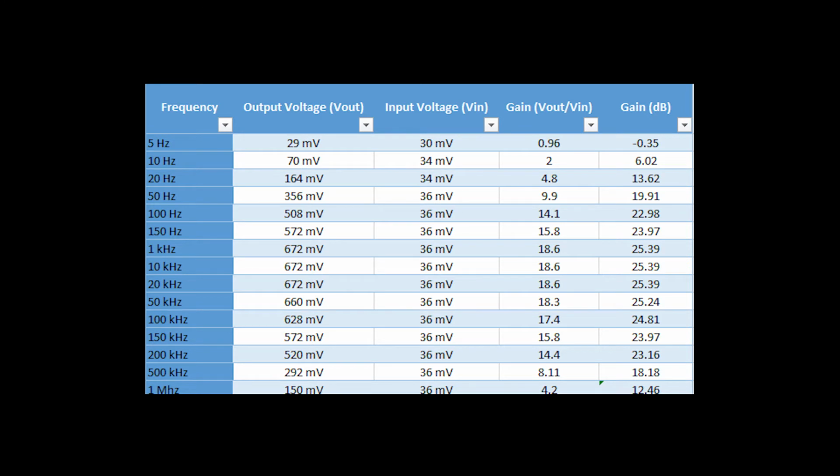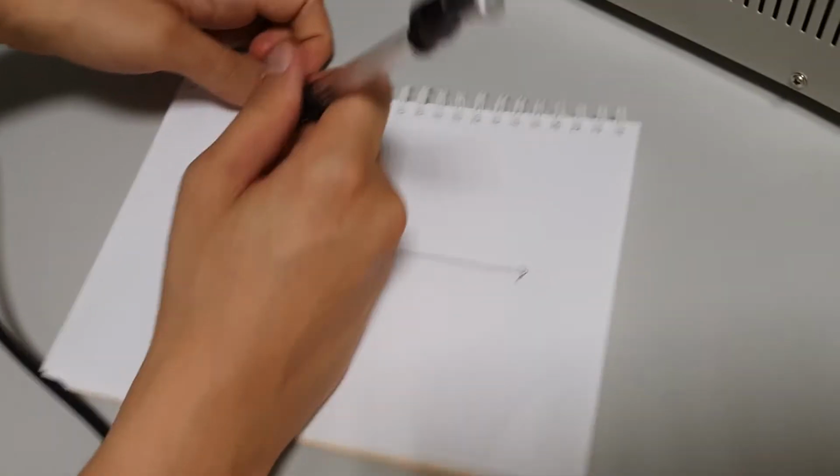The first one is our lower cutoff frequency and the second one is our higher cutoff frequency. And between these frequencies, we call that region our bandwidth.